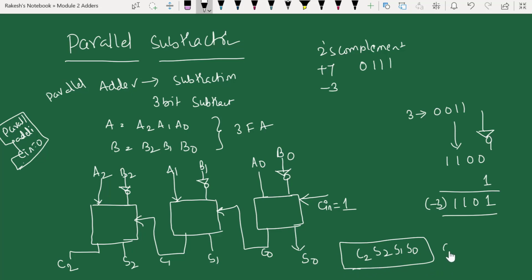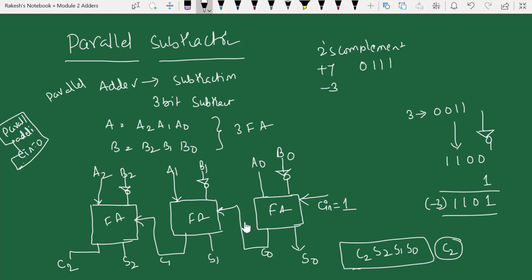Depending on the C2 bit, you are going to decide whether the given result is positive or negative. If it is a negative number, then you have to convert it into true binary form by taking one more 2's complement. So this is how you use the same full adder circuit, this one full adder, this one full adder and this one full adder. The same full adder circuit can be used for the parallel subtraction operation also.